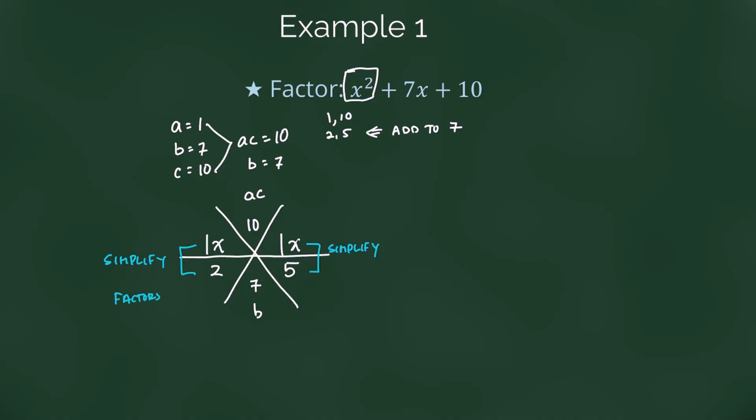So we have an x and a 2, so our first factor is x plus 2. And then we have an x and a 5, so our second factor is x plus 5. What we found is that those two factors multiplied are exactly equal to x squared plus 7x plus 10. And so we are done factoring.